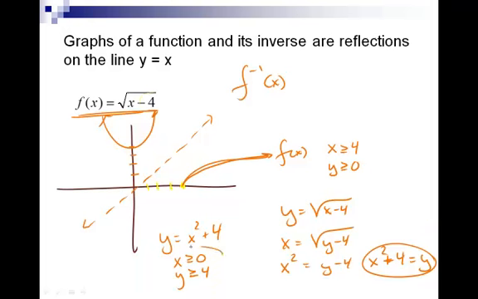And you can see that this first restriction, by flipping my x and y, means that this portion of the graph will not be used for my inverse. So my inverse is y equals x squared plus 4 when x is greater than or equal to 0. And we have to add that to our definition for our inverse.